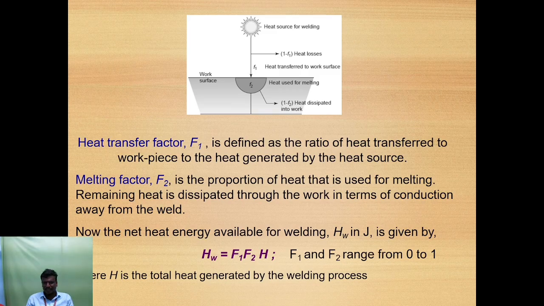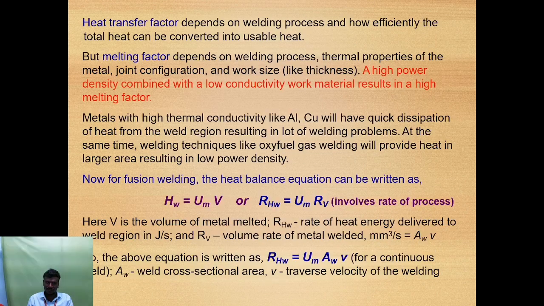Now the net heat energy available for welding, Hw in joules, is given by Hw is equal to the heat transfer factor times the melting factor times the available energy. That means Hw is equal to F1 F2 H. F1 and F2 range from 0 to 1 and H is the total heat generated by the welding process.